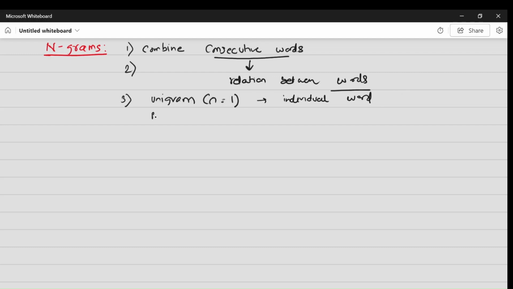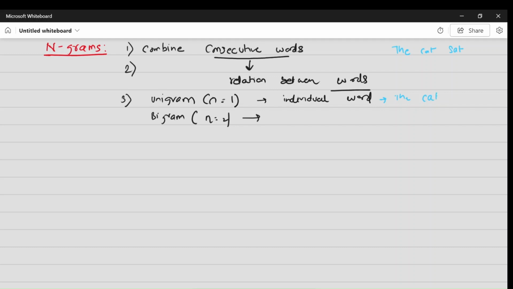the is different, cat is different, sat is different. The next is the bigram. When I say bigram, n is equal to 2. So you are combining two words together. Let's consider the example here: the cat sat. Before applying any bag of words, in the unigram case, all words are treated separately.